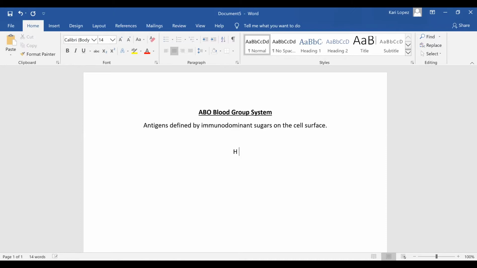Your H antigen is going to be your precursor structure where A and B antigens can be made.